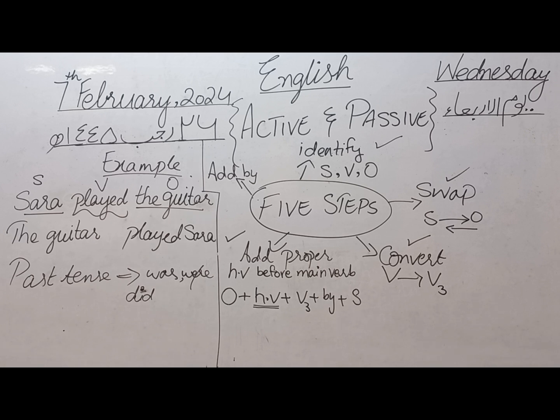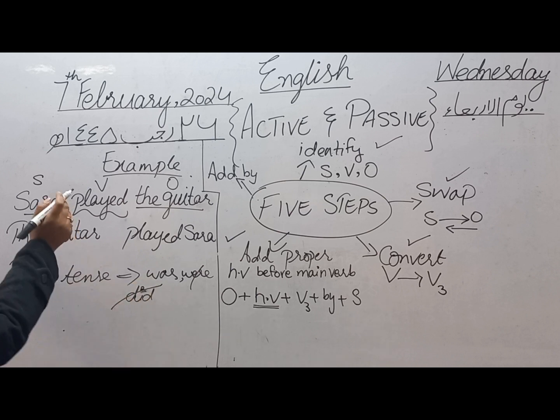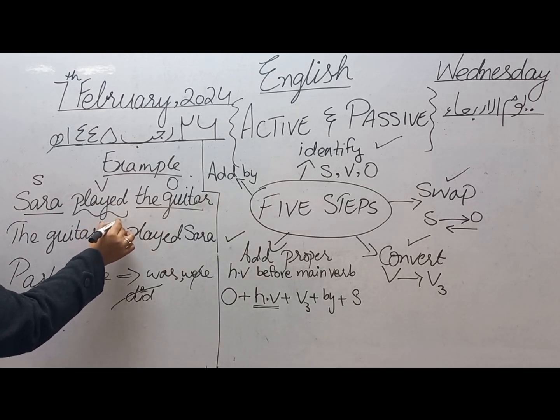With did we always use the first form, and there is already the third form of the verb written. So did is also of no use for us. So obviously we are left with was, and that is quite obvious since the guitar is a single object. So we will use the singular helping verb of the past. So here we will write "was".